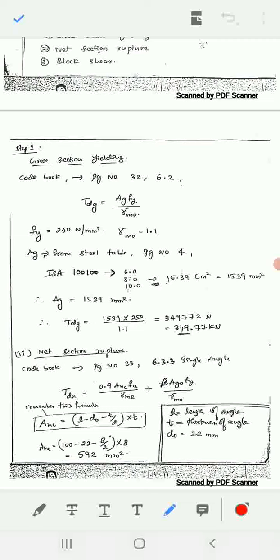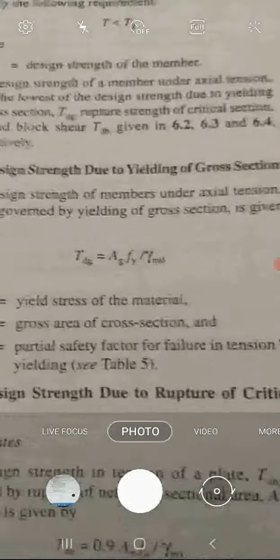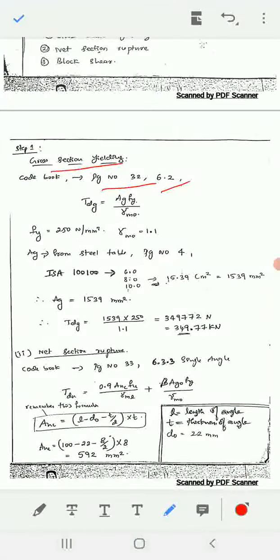Here this formula, page number 32, clause 6.2, that shows the clause number. Td is equal to Ag fy by gamma m naught, that is the first formula for the first step, where Ag and fy values: Ag we have to get from the steel table, page number 4, for 100 into 100 into 8 mm. I showed it in the previous problem also.